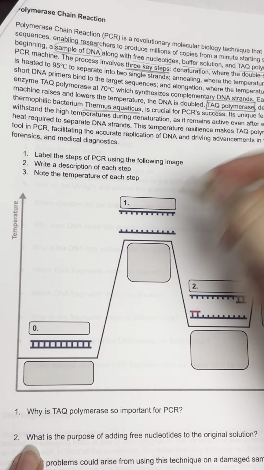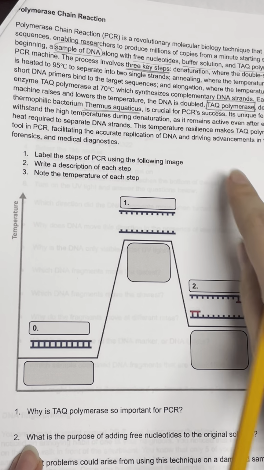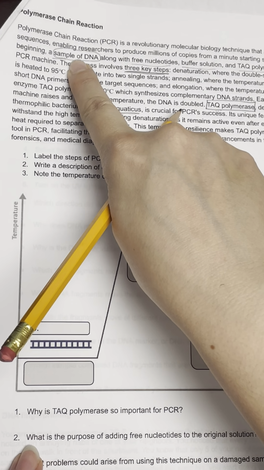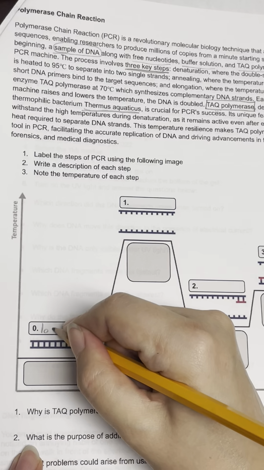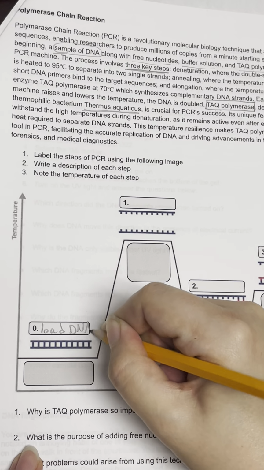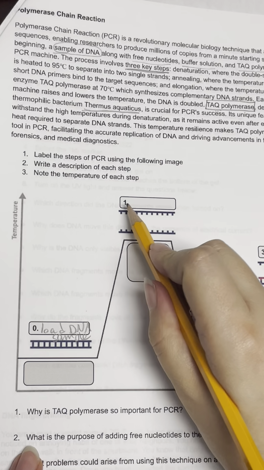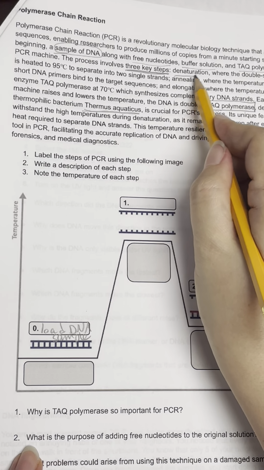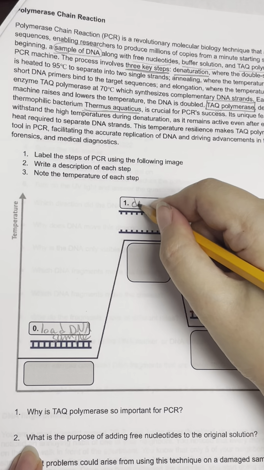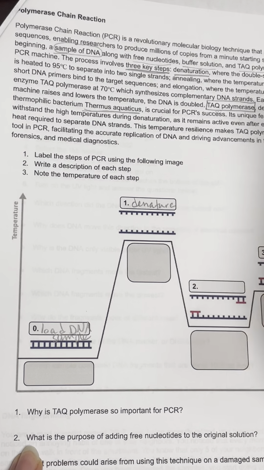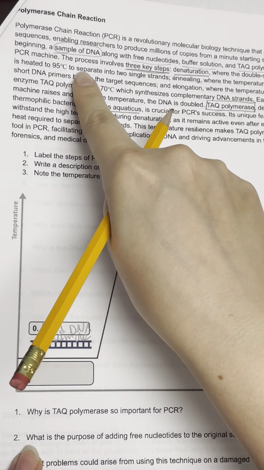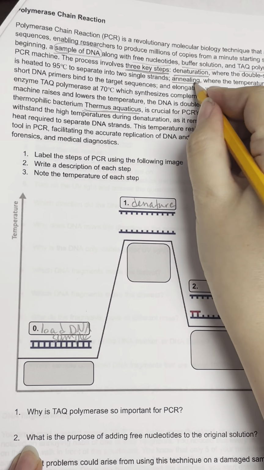So 0, prior to beginning, according to this, we're going to use our sample. So we're going to load the DNA sample. The first step is called denaturization. Then it says the second step is called annealing.